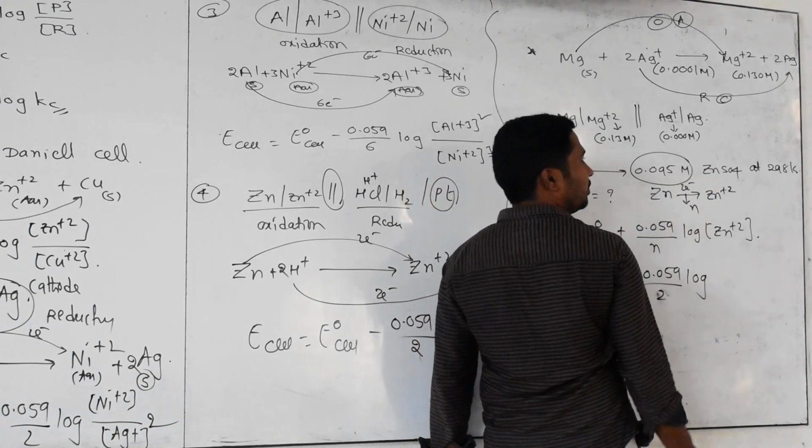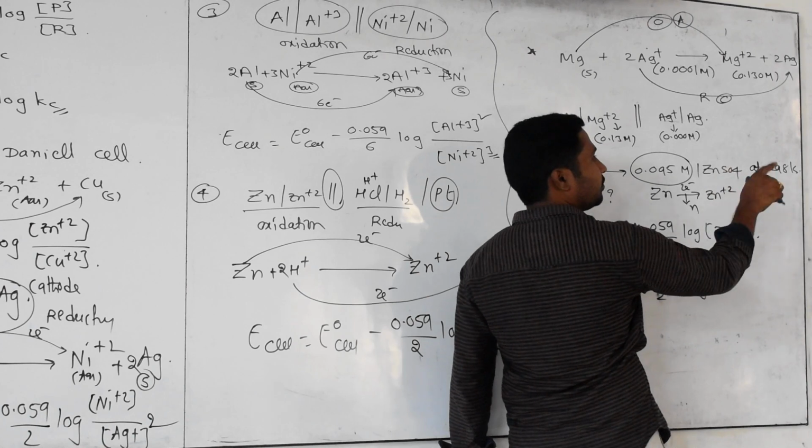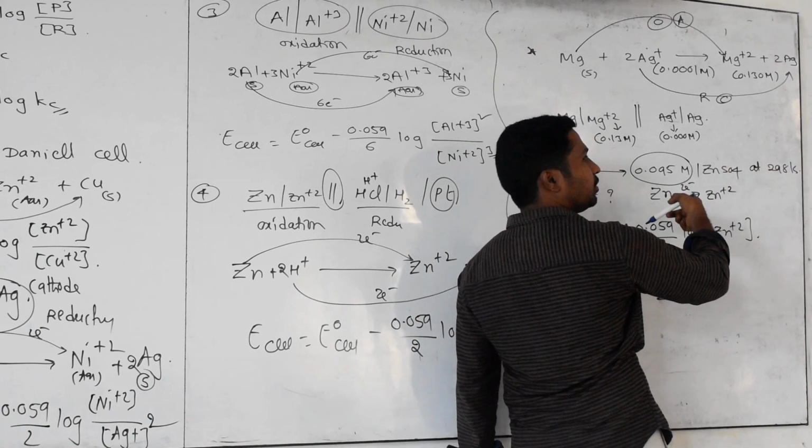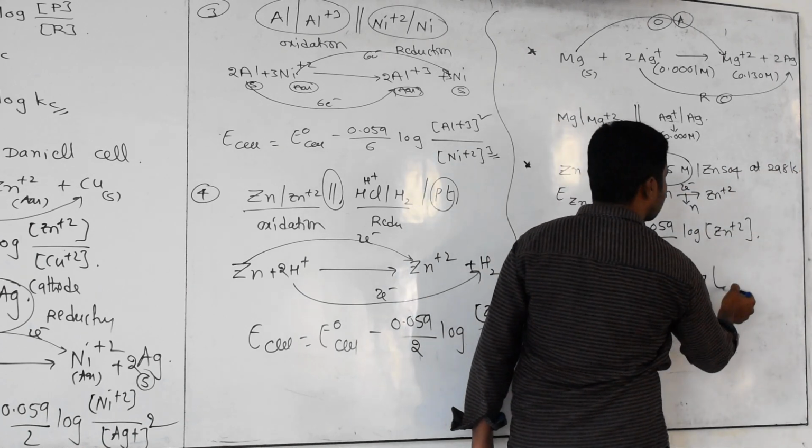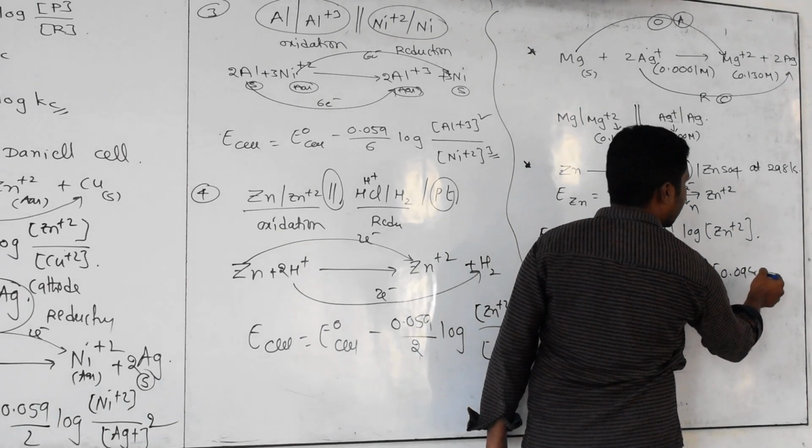Because 1 mole of zinc gives 1 Zn+2 and 1 sulfate ion, this many molar gives the same. That's why the concentration is nothing but 0.095.